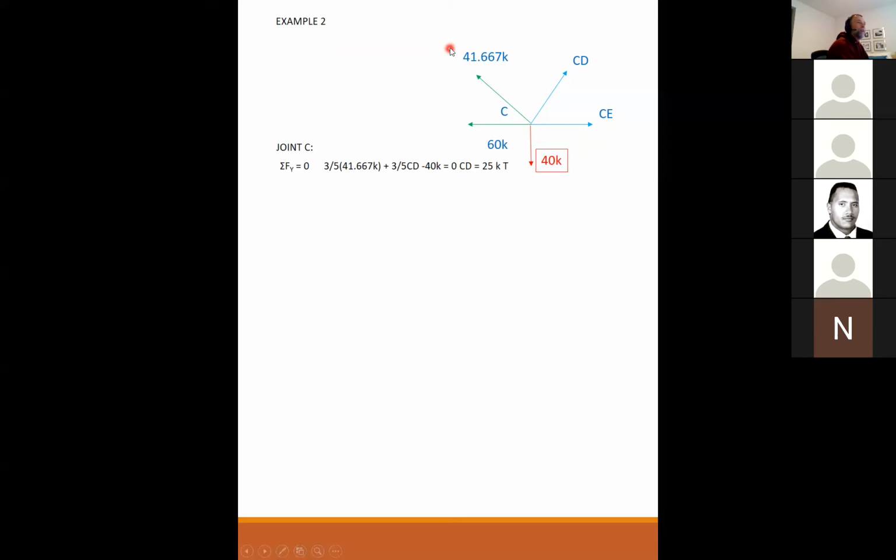It's up, so it's positive. And for CD, I have 3/5 of CD up, so it's positive. And my 40 kip load is down. So CD sums to be 25 kips in tension.